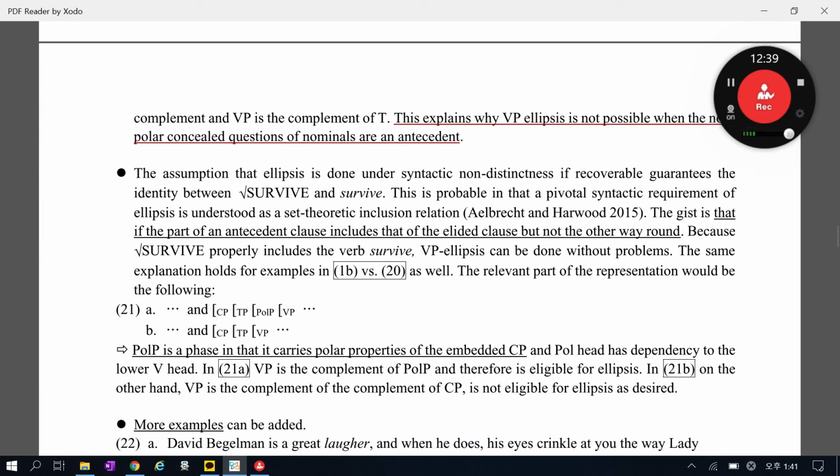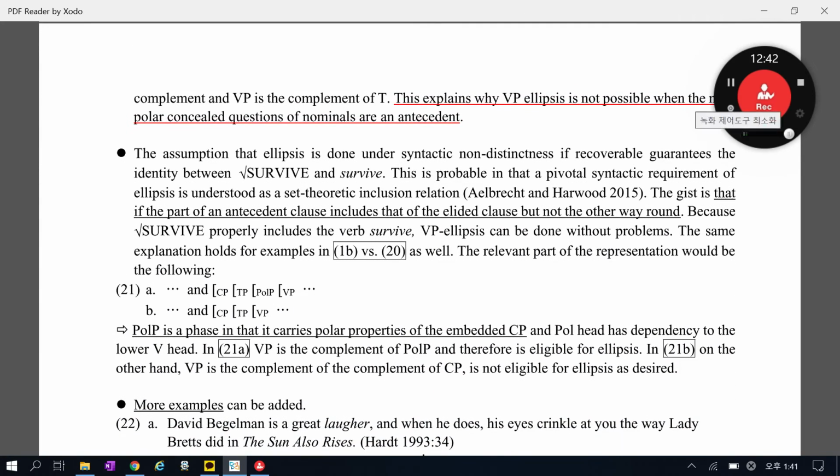The assumption is that ellipsis is done under syntactic non-distinctness, where recoverability guarantees the identity between the root survive and the lexical verb survive. This is plausible in that the pivotal syntactic requirement of ellipsis is understood as a set-theoretic inclusion relation, Wright and Harwood 2015, for example.